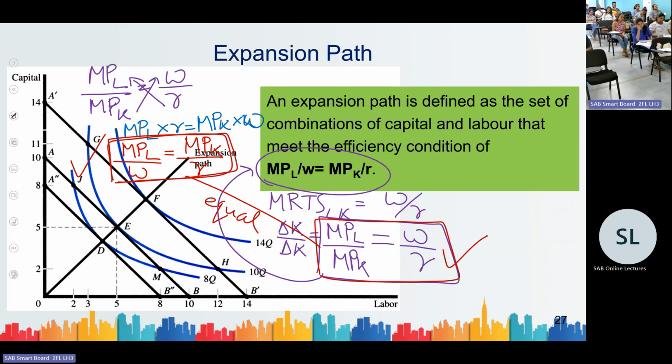Additional output per rupee of labor cost.